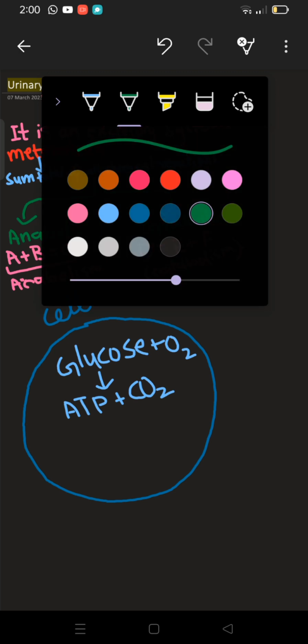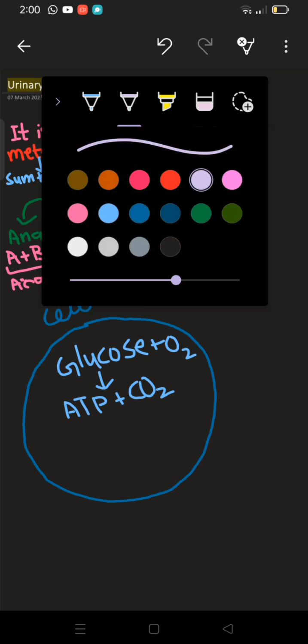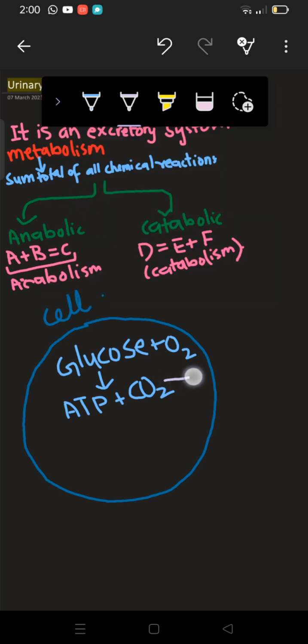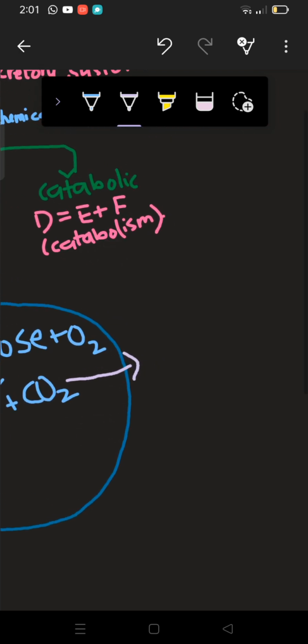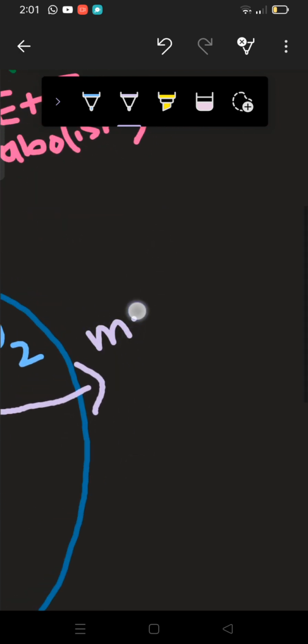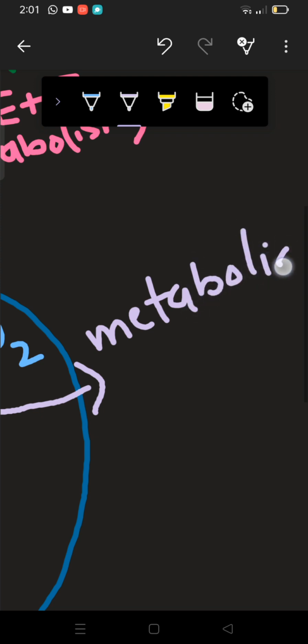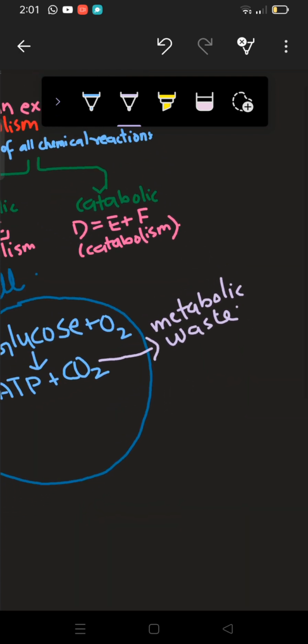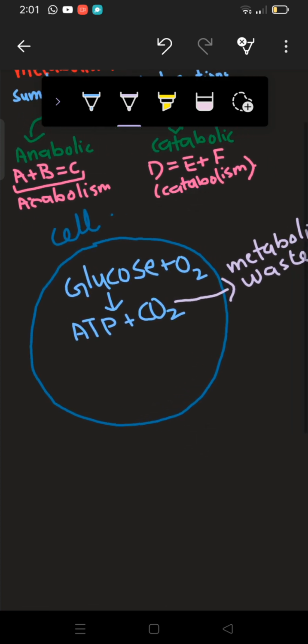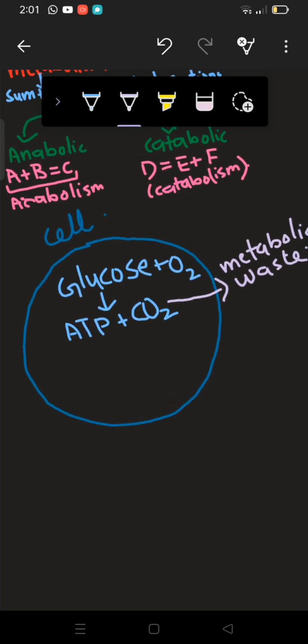So let me write here with this color. We know that carbon dioxide is a metabolic waste, which will be removed from our body with the help of the respiratory system.